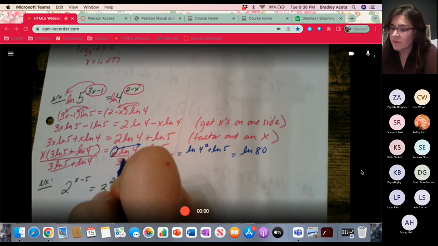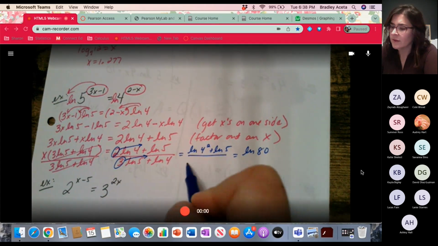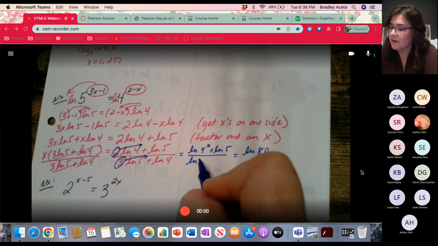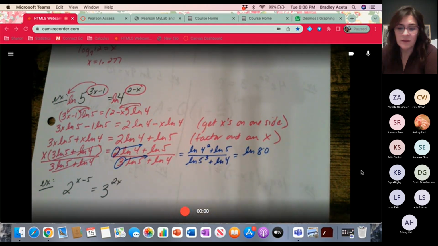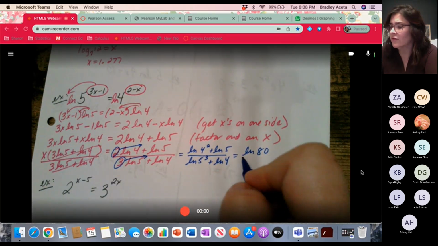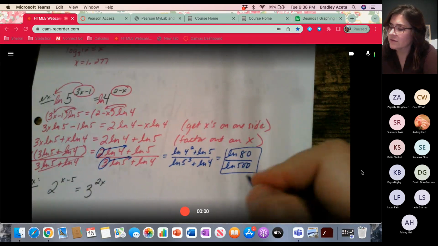On the bottom, you bring the 3 up to the 5. And that would be the ln of 5 cubed plus ln 4. And 5 cubed is 125. 125 times 4 is 500. That is the exact answer.